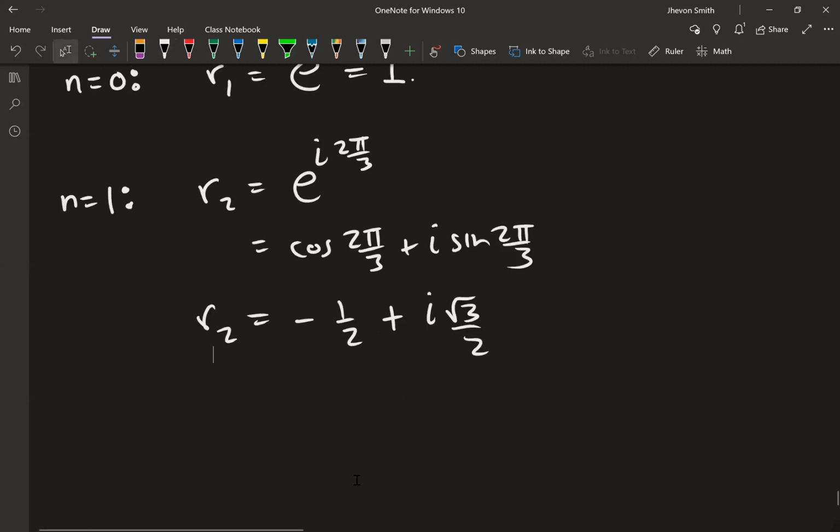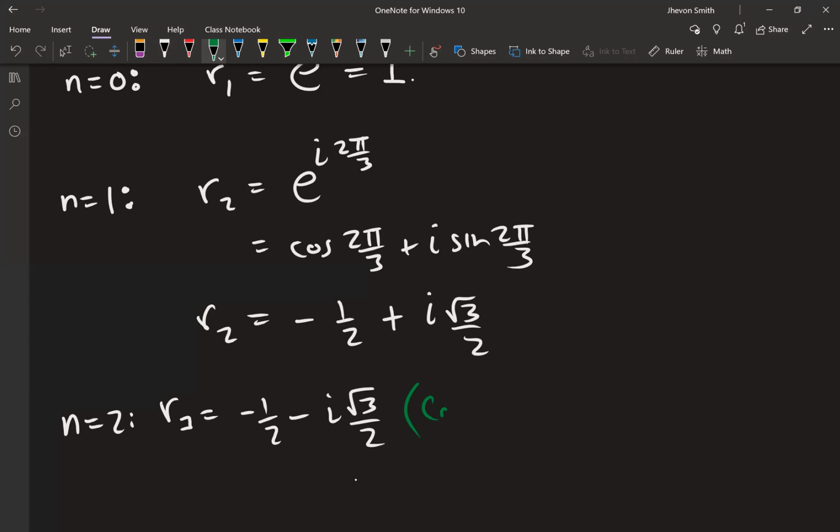Now, if you go to n equals 2, I know that the third root is going to be minus a half minus this. I don't have to do it because complex roots come in conjugate pairs.